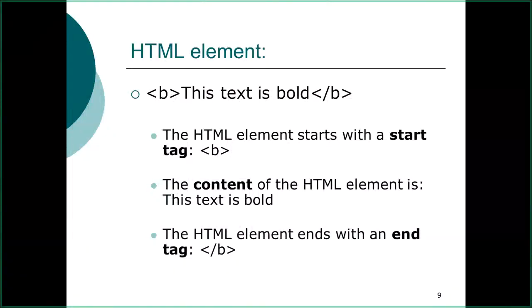The elements represent different characteristics that you wish to display in your code, or how the browser is to display the information that you're encoding. So the content is what's in between the element tags, and in this case, the B is to bold the text.